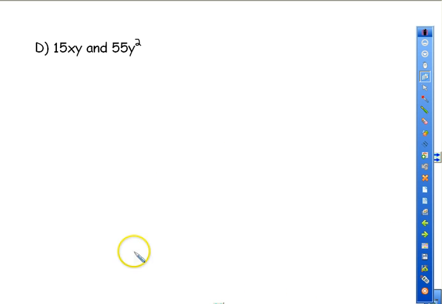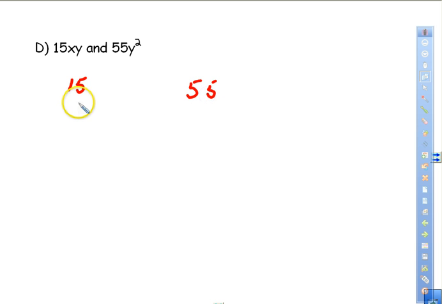Let's look at the next. And now we have some not exponents, but some variables to involve in this. So let's go ahead and do this. So now I have 15xy and 55y2. So I'm going to do my greatest common factors of the numbers themselves.